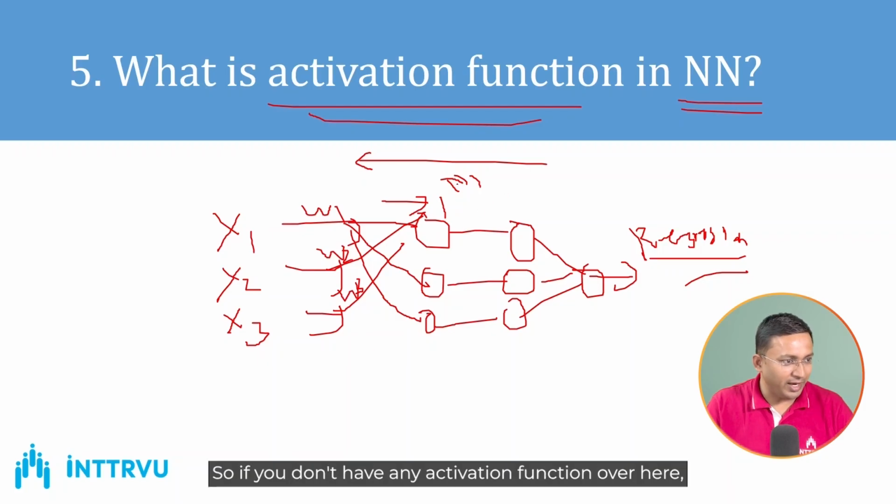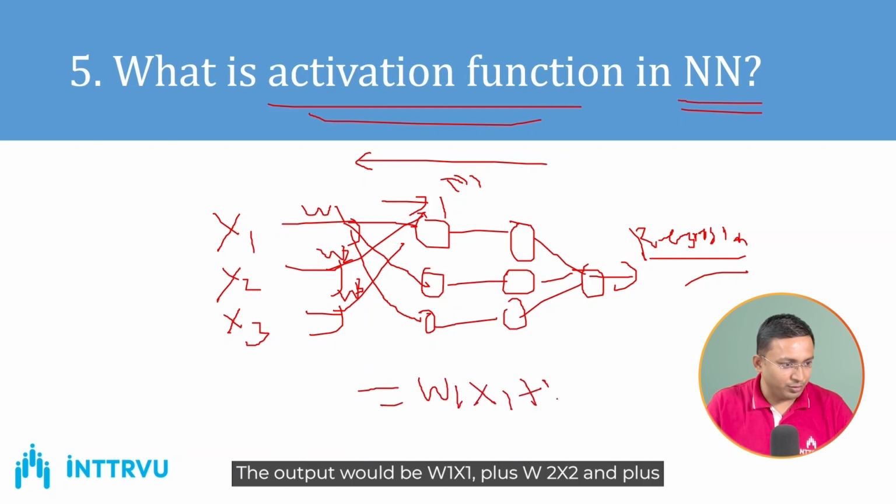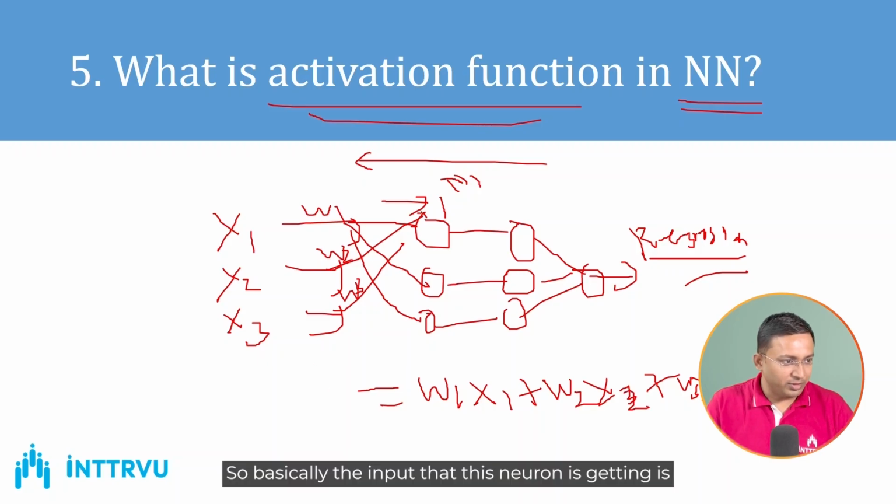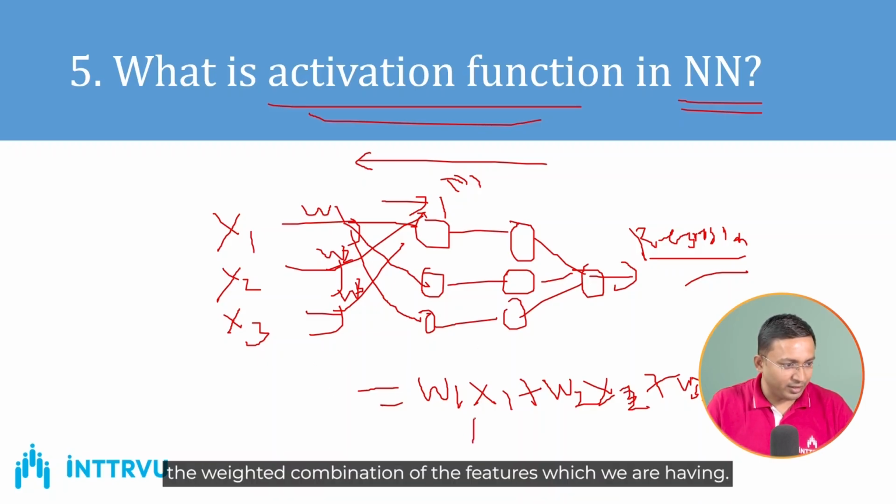If we don't have any activation function over here, what would be the output of neuron 1? The output would be W1 x1 plus W2 x2 plus W3 x3. So basically the input that this neuron is getting is the weighted combination of the features which we have.